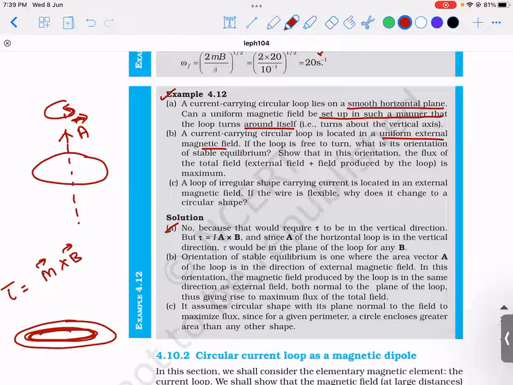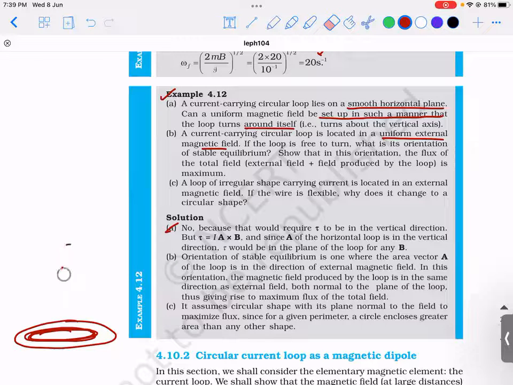Unstable means it will first take a turn and then come back to its stable equilibrium position.